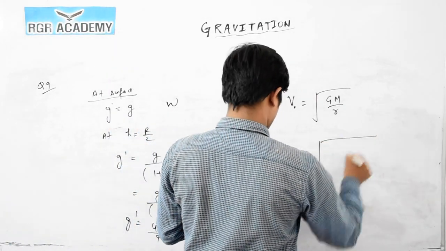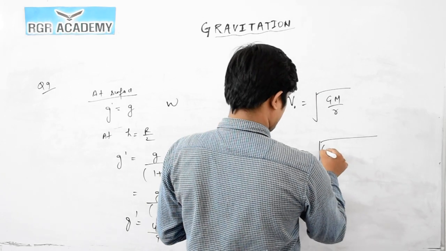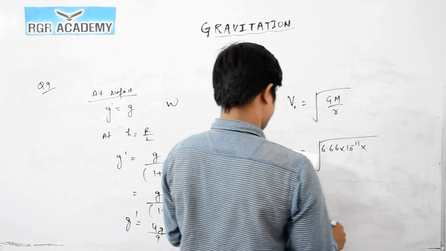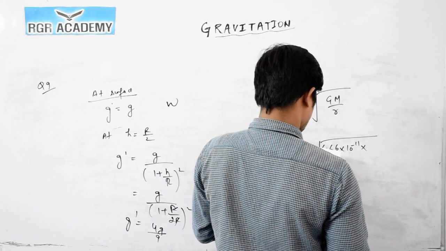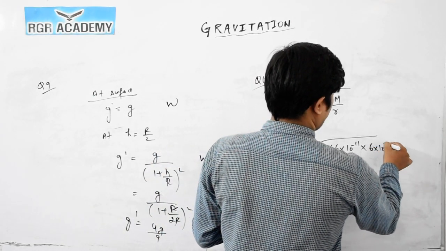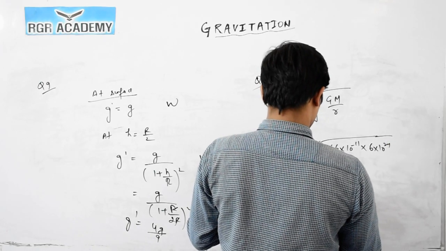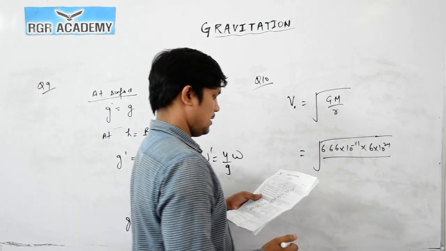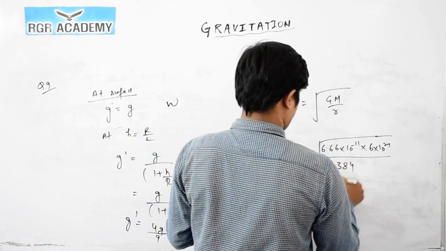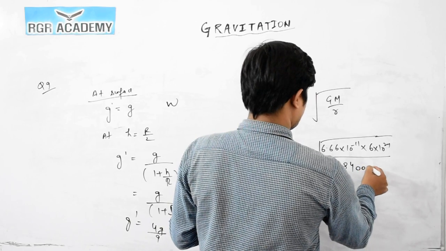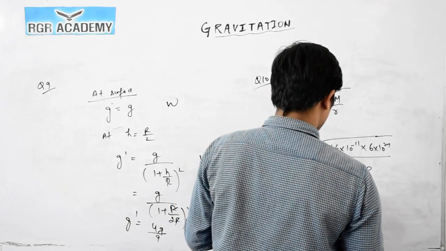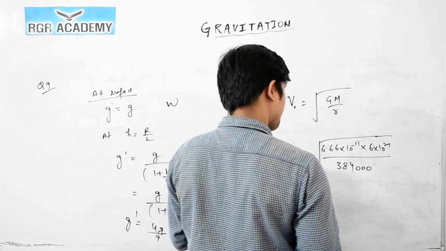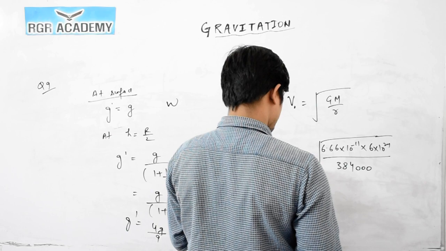So under root of, G is 6.67 into 10 to the power minus 11, mass of Earth is 6 into 10 to the power 24, and R, the distance between the Earth and Moon, is given as 384,000 kilometer. So this distance is given in kilometer, and mass is given in kgs.